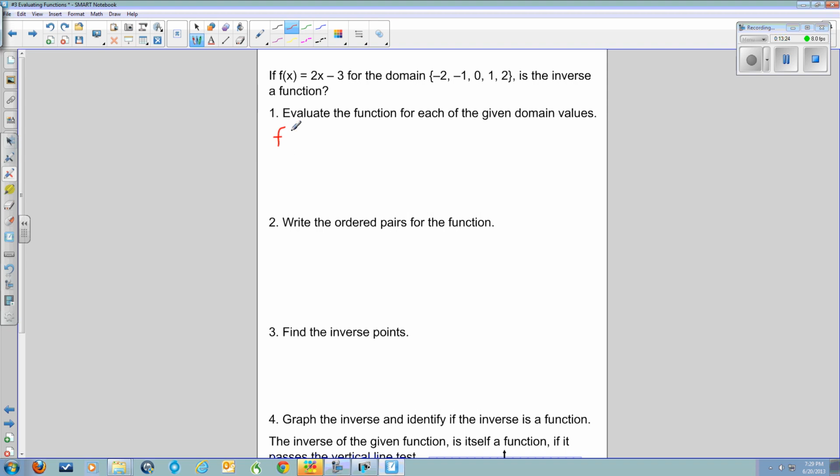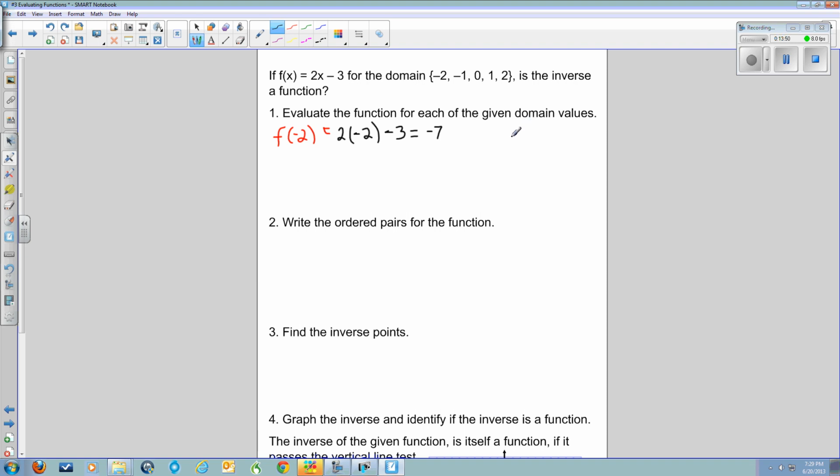So we're going to start by saying f of negative 2. We're going to plug our numbers in. So we're going to have 2 times negative 2 minus 3. And 2 times negative 2 is negative 4. Negative 4 minus 3 is negative 7.